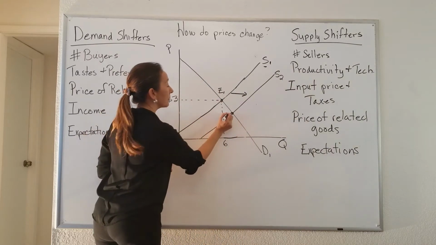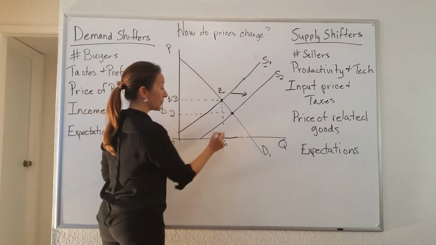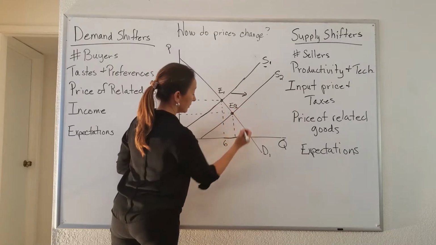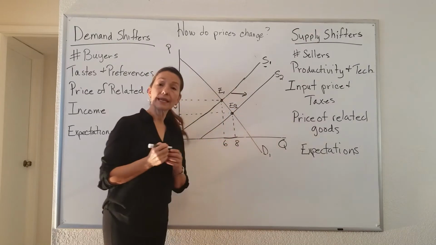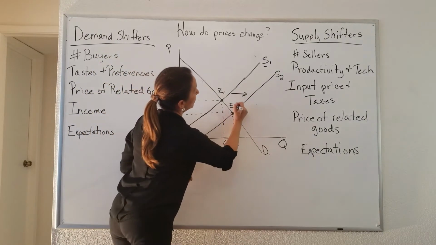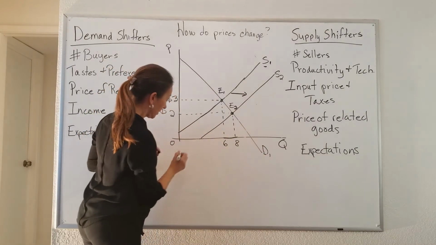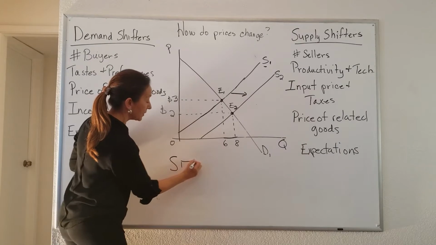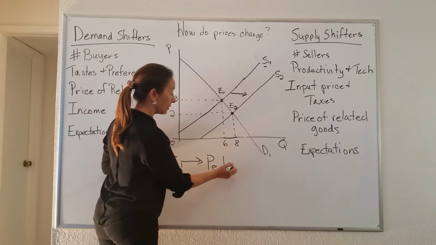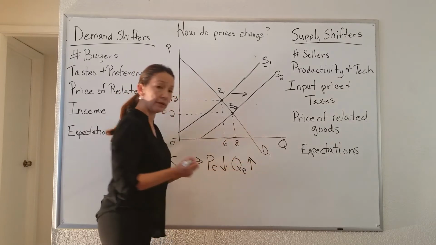Our equilibrium price goes down to $2, and our new equilibrium quantity may actually increase to 8 units. E2 gives us a lower price and more quantity. So we know if supply shifts to the right, equilibrium price is going to go down and equilibrium quantity is going to go up.